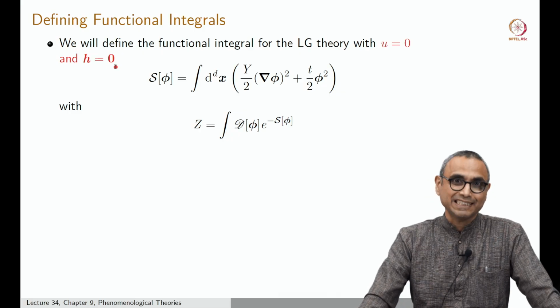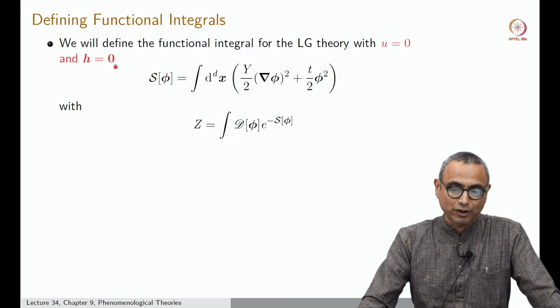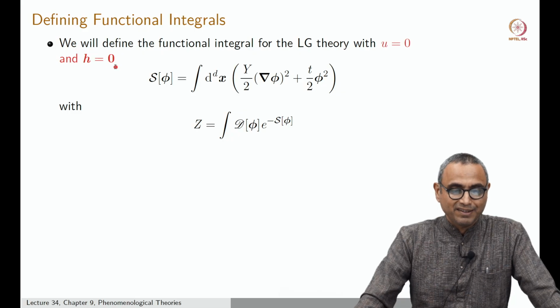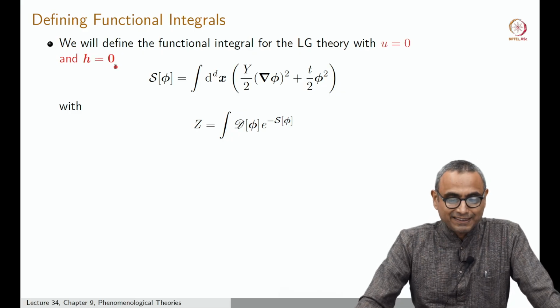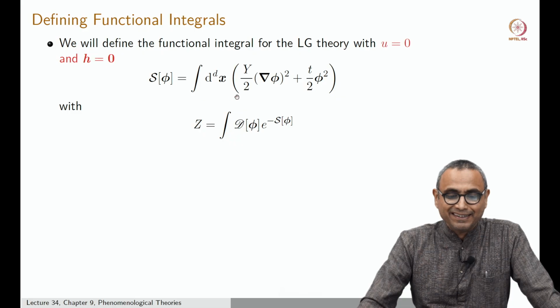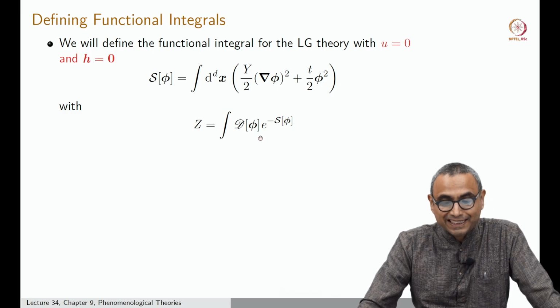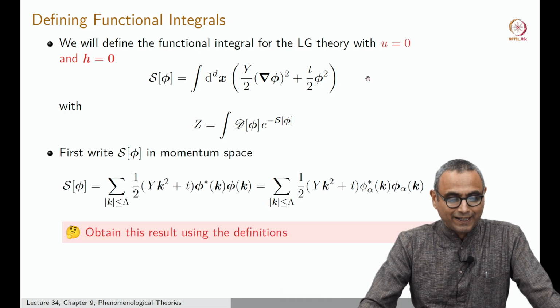It's not essential, but it's at least pedagogically useful. So let's start with this. My S of phi is the integral of this density, and my partition function is a functional integral over the exponential of this action.